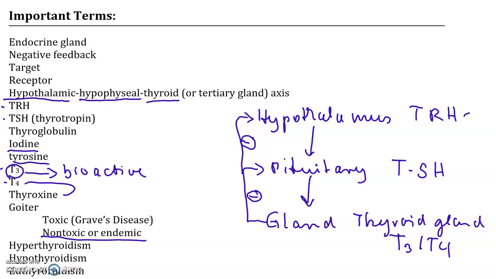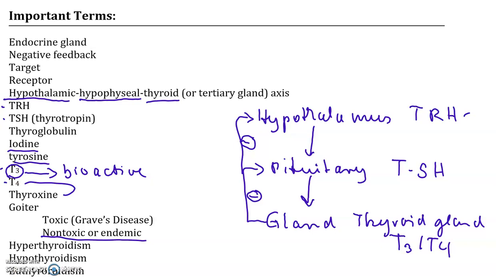If you have somebody that has very high levels of T3, T4 along with a goiter, then you would assume that you have Graves' disease because there's something else acting like TSH, stimulating the hypertrophy of the thyroid gland, and presumably then you would have Graves' disease. You check for the antibodies that are there, whether they're there or not.